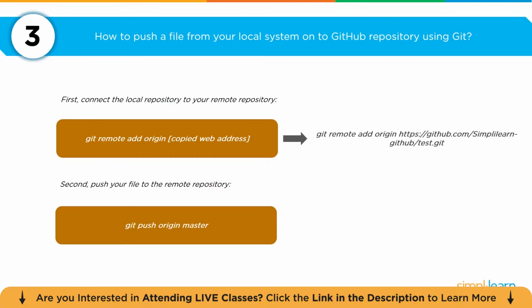Now, if you want to push code from your local system to a GitHub repository using Git, first of all, you want to connect the local repository to a remote repository. In the example, you may want to talk about using the command git remote add origin and then the actual path to a GitHub repository.